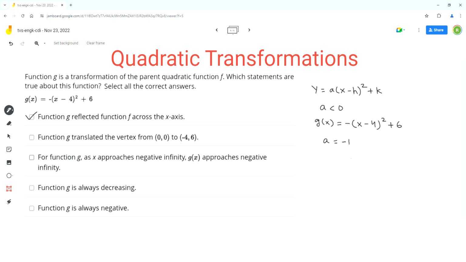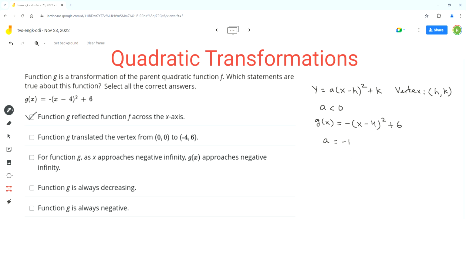Now we can analyze the second answer choice. Function g translated the vertex from 0, 0 to -4, 6. From the equation of a quadratic function in vertex form, we can find the vertex of the parabola from h and k values. So the vertex is h, k.